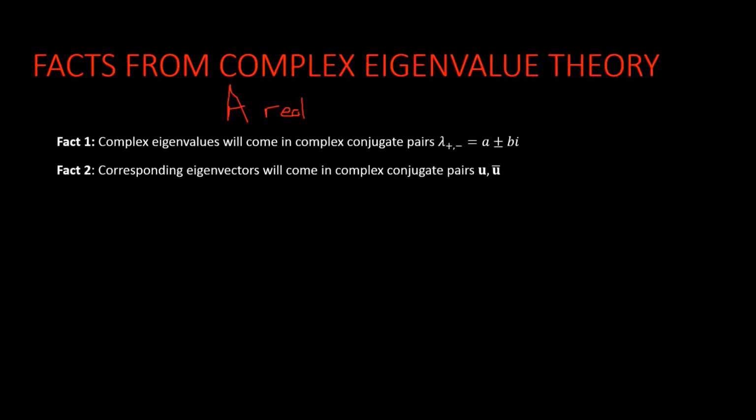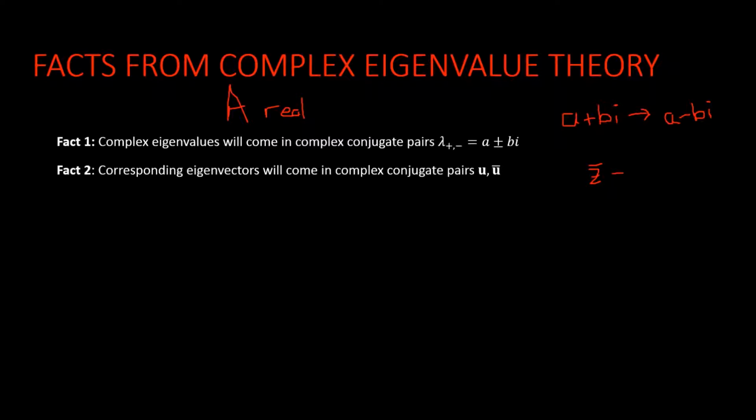The complex conjugate, by the way, in case you forgot or never learned this: if you have a complex number a plus bi, then the complex conjugate just means take the same number but replace b with negative b. So a minus bi is the conjugate of a plus bi, and we often denote conjugation with a bar.